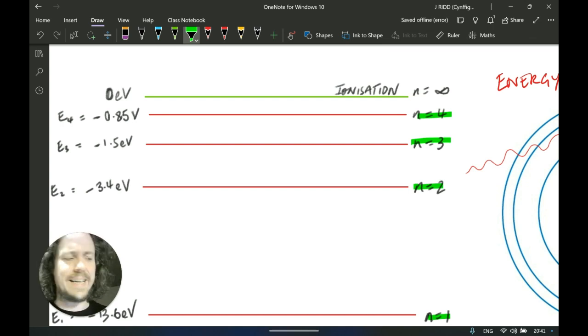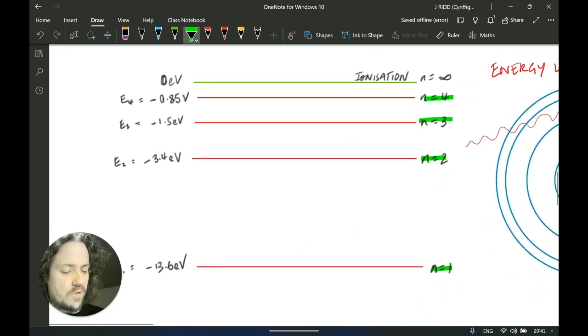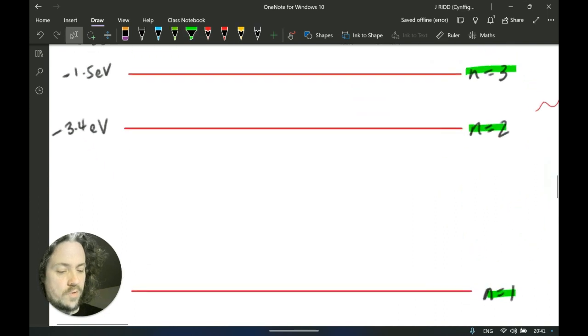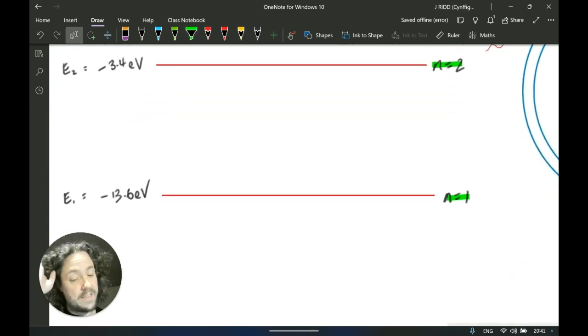And we call this ionization, because the electron will no longer be part of the atom, and it will become an ion. And then the other thing about these energy levels, you notice on the left here, is they correspond to different magnitudes, as indicated here on the left.